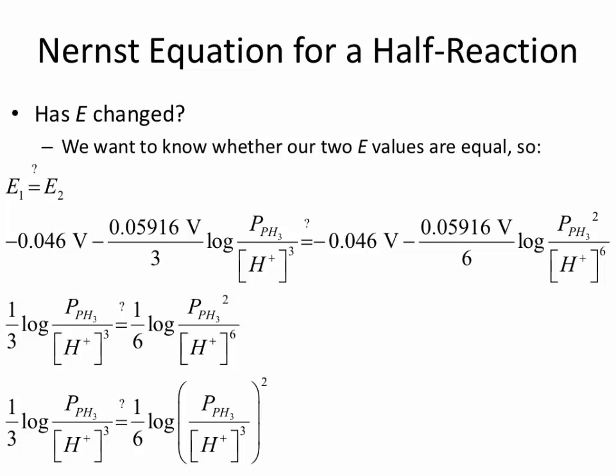Now, of course, this term here is going to cancel with this term there, and our 0.05916 volts is going to cancel with this 0.05916 volts here. And that then leaves us with this 1/3 term here, and the 1/6 term here, and then we have our logarithm and our Q there and our Q term here.